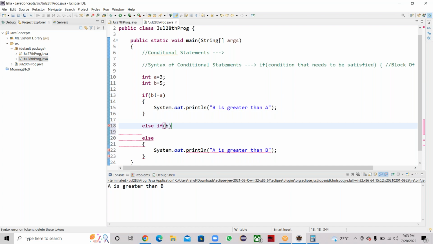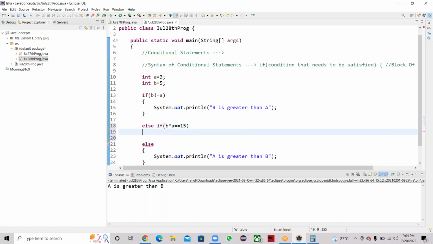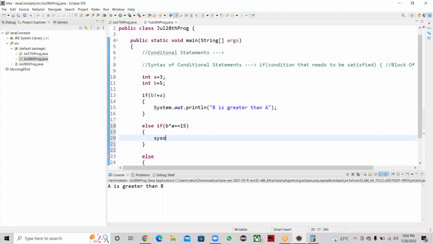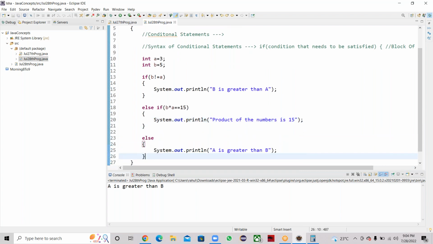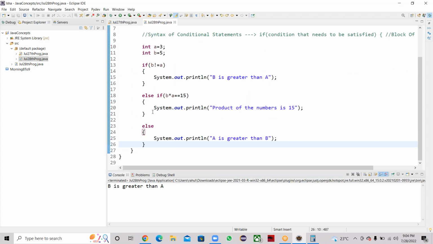One more condition is there. Is the answer correct?